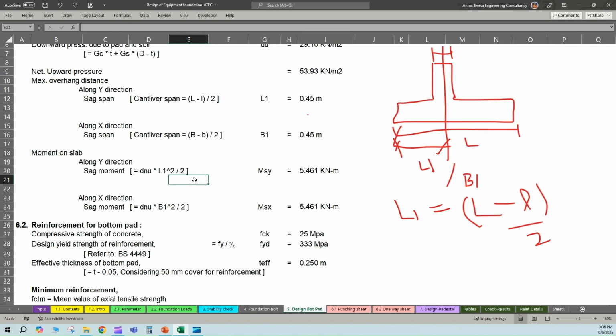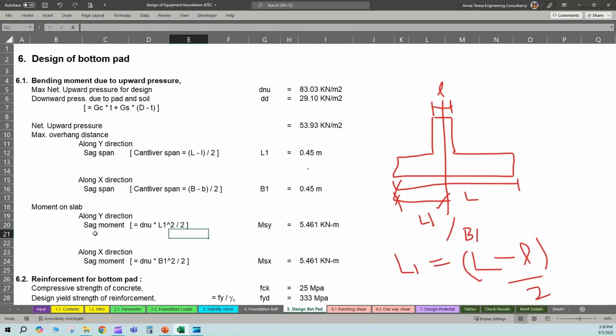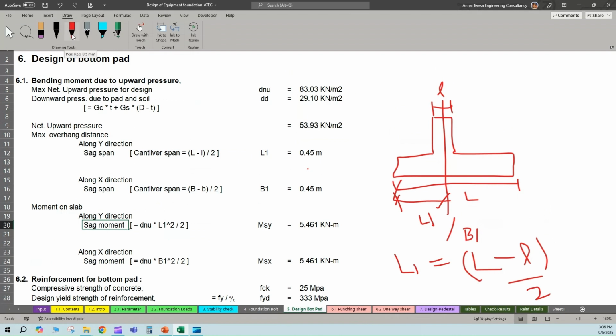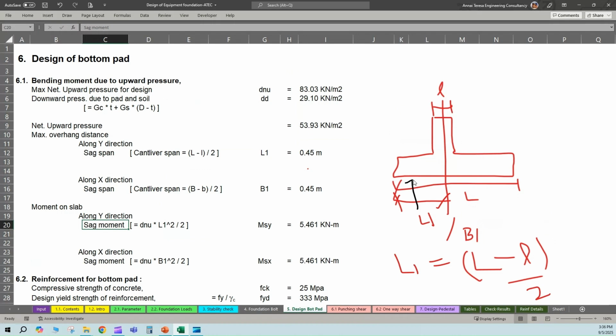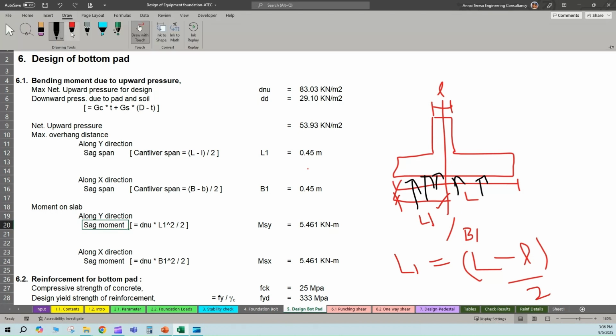Next, coming to the moment of slab. So we are calling this a sag moment. Why is it so? Because suppose the entire slab is subjected to the upward pressure, then the bending moment due to the upward pressure will occur in this direction.